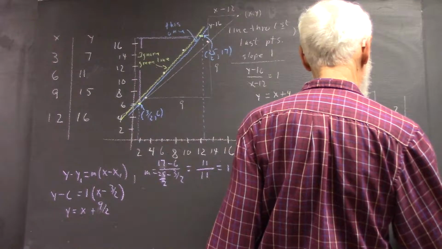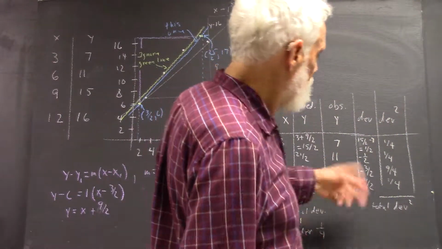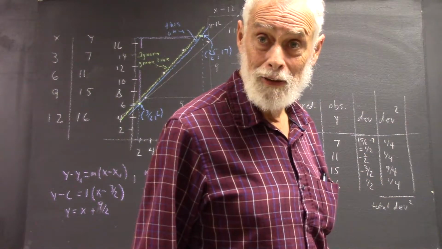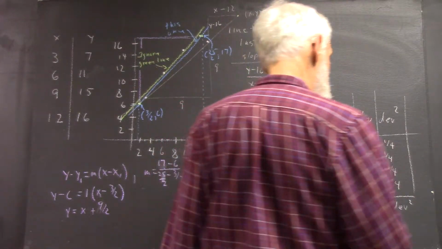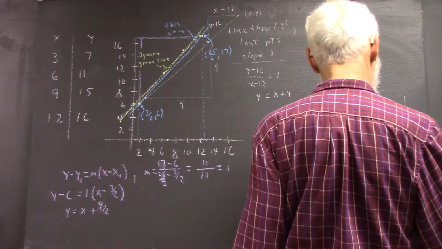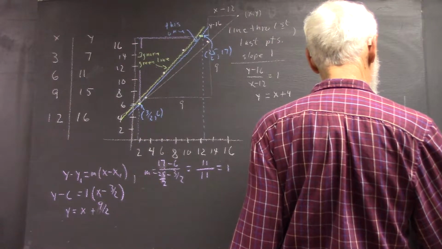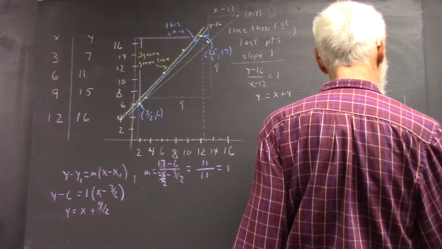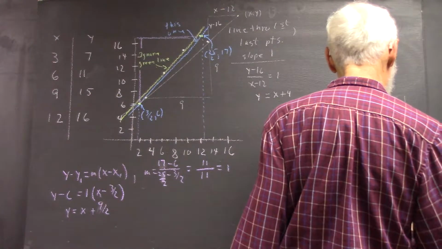So, total of the squared deviations is, well, it's 12 fourths. You got 1, 1, 9, and 1, right? Adds up to 12, is all fourths, so it's 12 fourths. Well, total deviation is then 3.